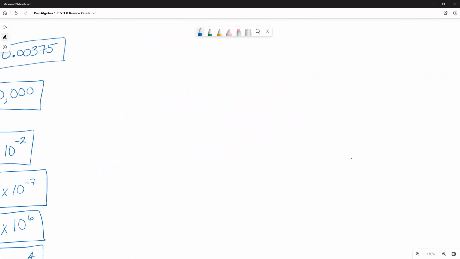All right, I'm just going to use 10 as our base number. So if you have 10 to the power of 0, what does that equal? 1. All right, what about 10 to the power of 1? 10, because that's 10 not being multiplied by anything.